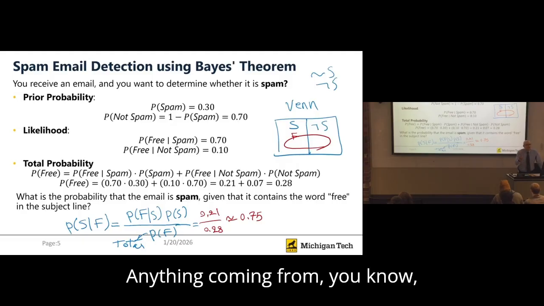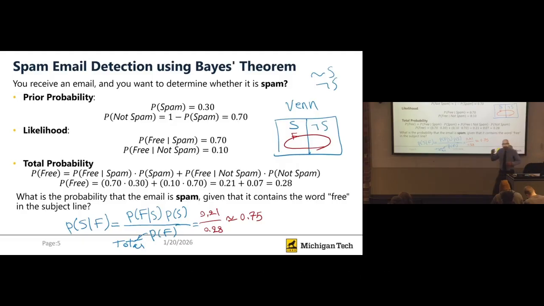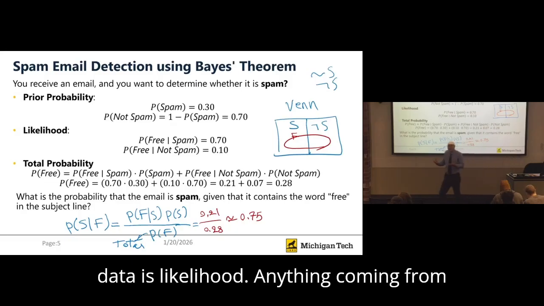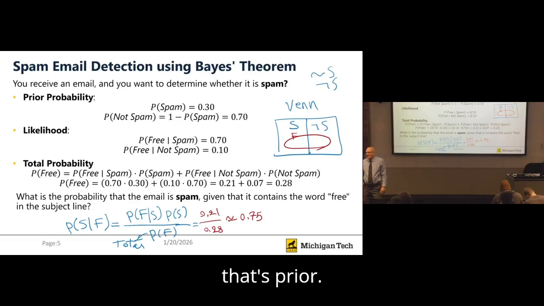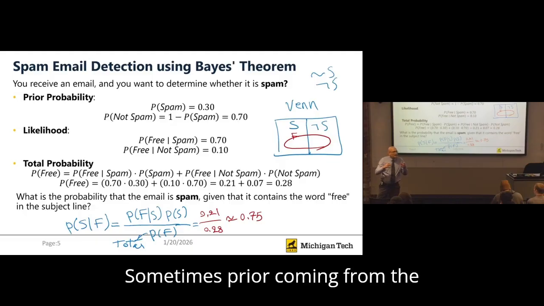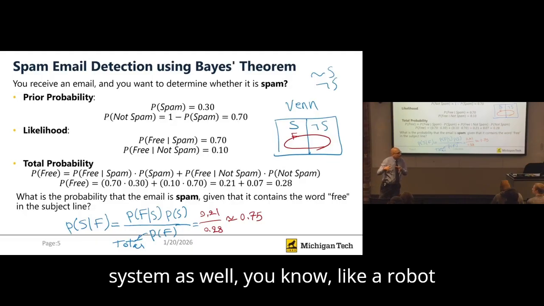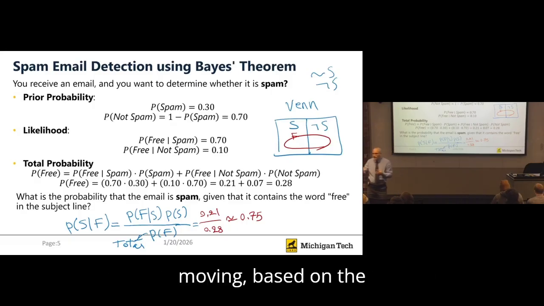Anything coming from data is likelihood. Anything coming from somebody who told you, that's prior. Sometimes prior comes from the system as well, like a robot moving, based on the model.